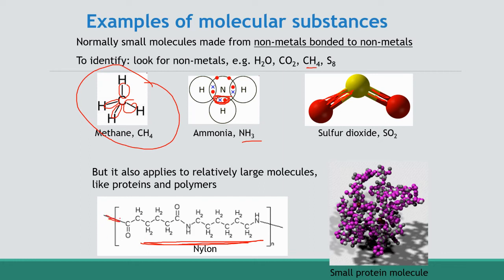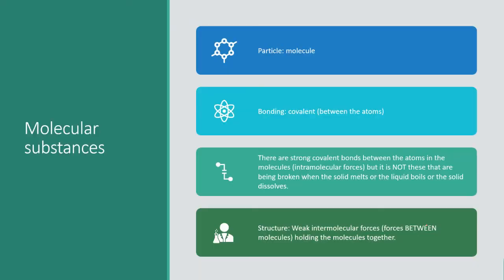This bit at the end shows that it just goes on for hundreds, if not thousands, of atoms being held together. And this is an example of a ball and stick model of a protein molecule. Proteins are really important in cells so that plants, animals and other living things can survive. Molecules are a really important part of chemistry, and in organic chemistry we're going to talk about them even more.